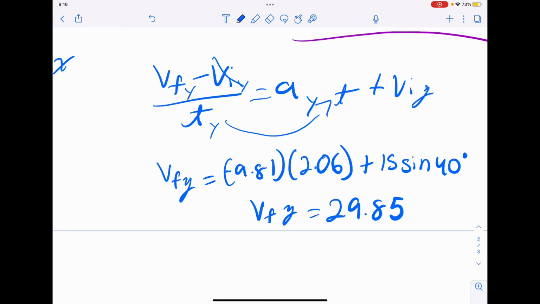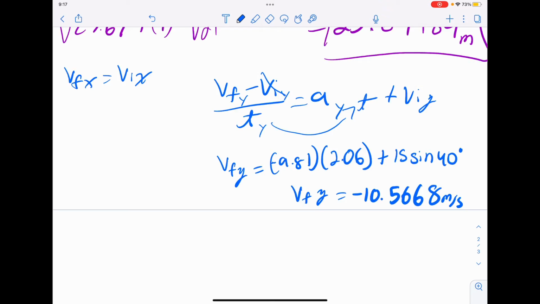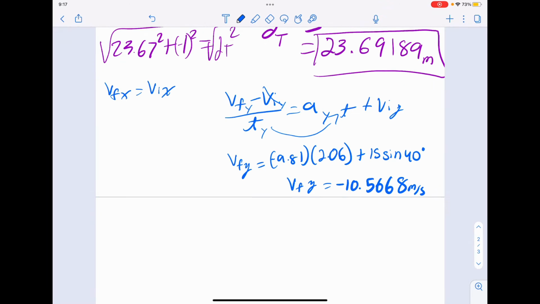Correction. I did not plug in my negative. Try that again. Negative. Now we got negative. There we go. That makes more sense because it's moving downward. We got negative 10.56678 meters per second as our V final in the y.